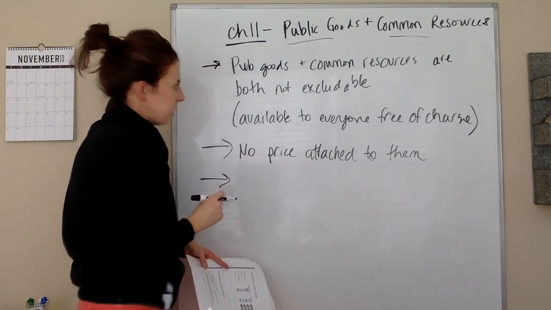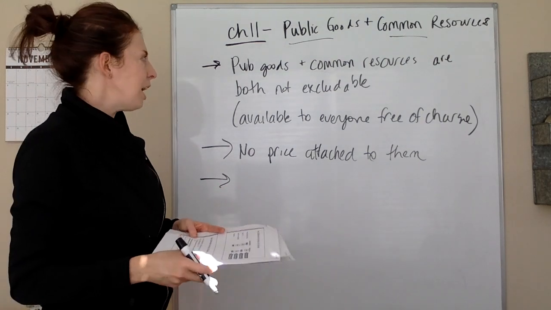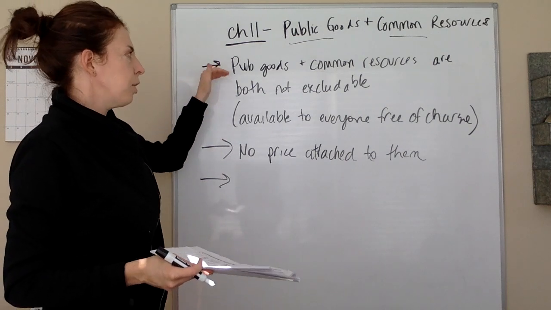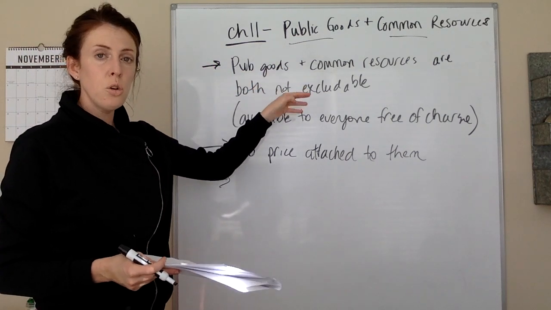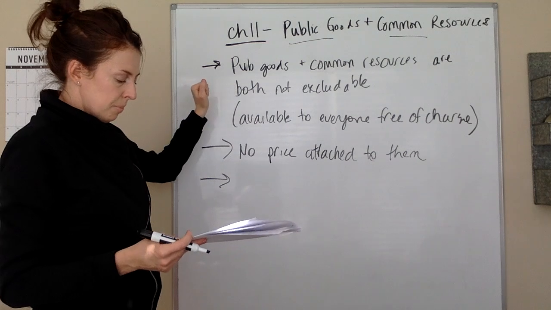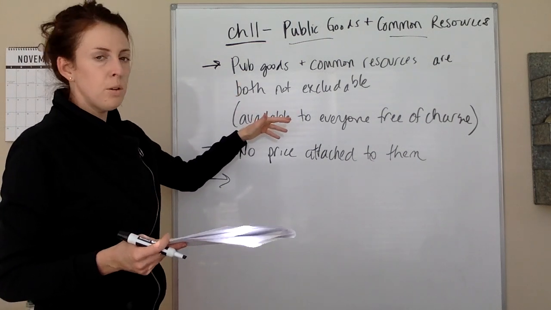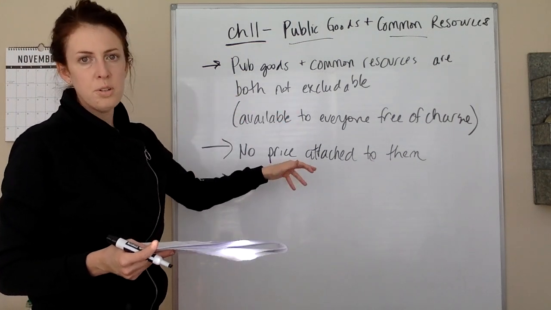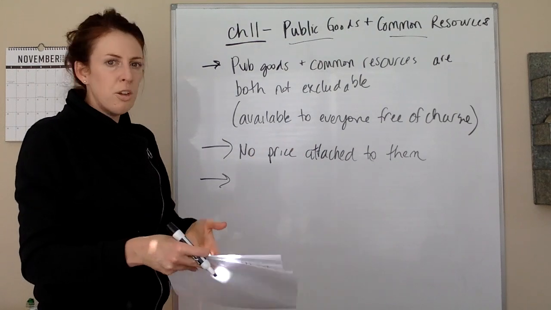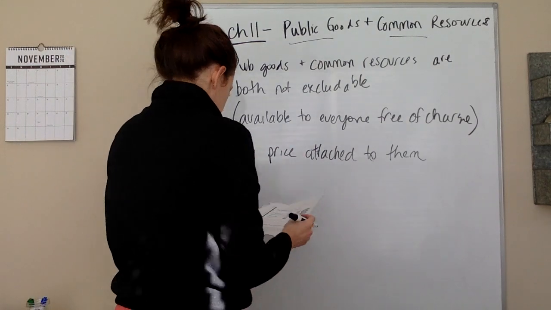So when individuals decide how much of a public good or a common resource to either consume or produce, they overconsume or underconsume, or overproduce or underproduce. They never pick the right quantity.